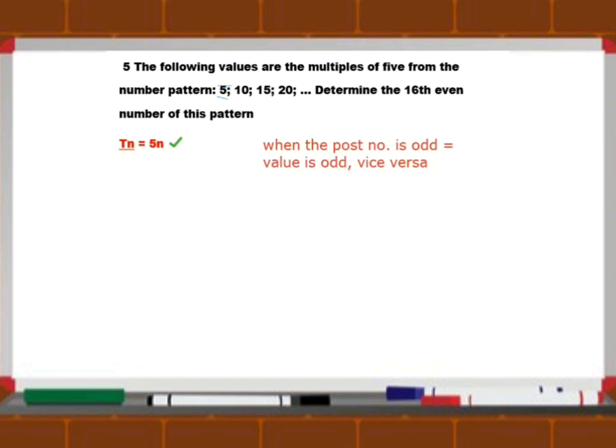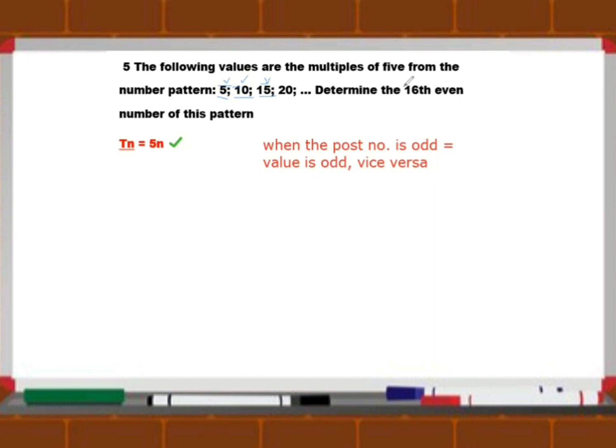So like I said, you look at this, okay, fine, position number 1, 5 is an odd number, the position number is an odd number. 10 is an even number, the position number is an even number. 15 is an odd number. Position 3 is an odd number, and so on, right?